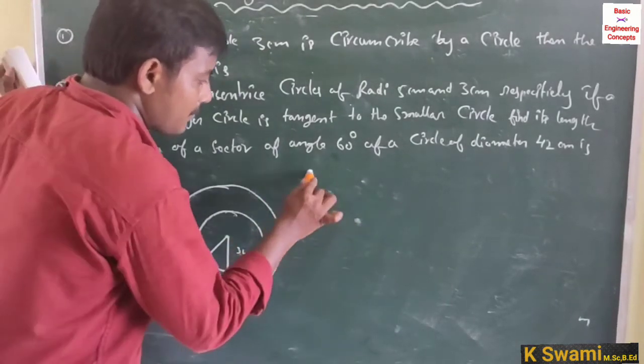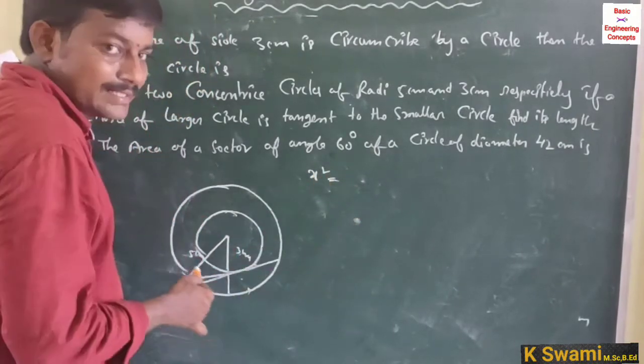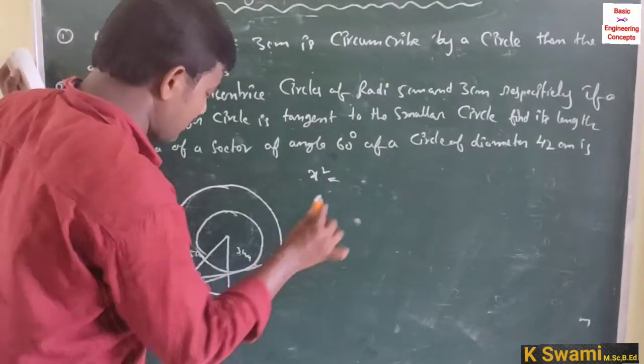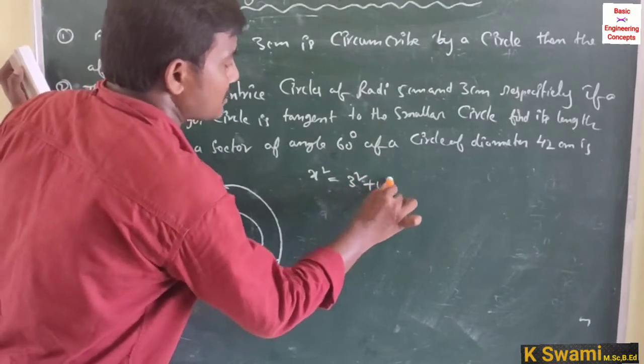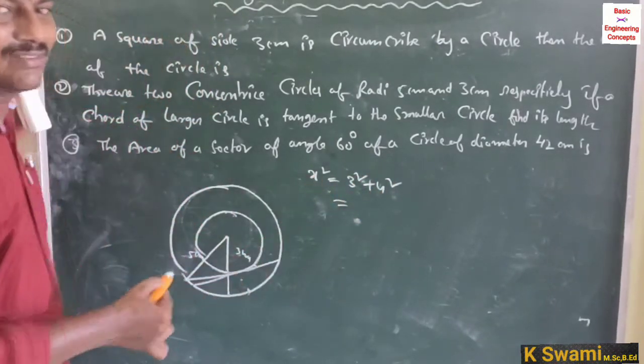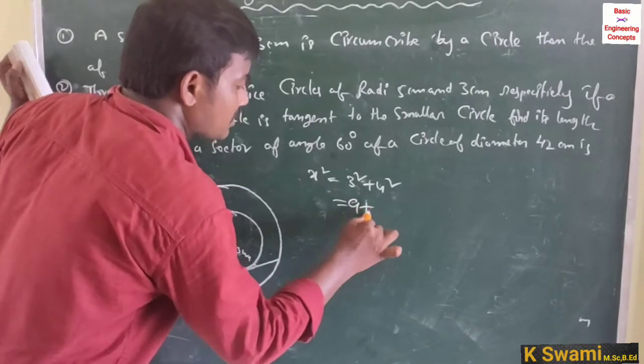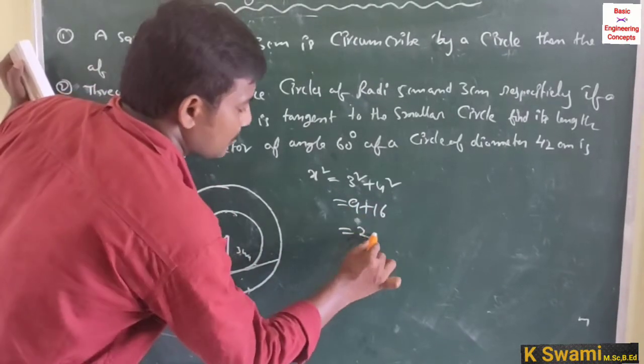We know the length of the tangent, already discussed, from the Pythagoras theorem. x square is equal to side square plus side square. 3 square means 9 plus 4 square means 16 is equal to 25.